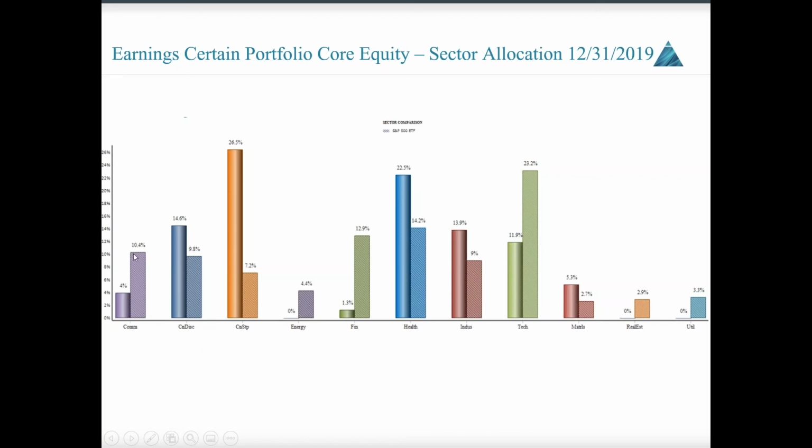So your 4% communications relative to 10% exposure on the S&P 500. I want everyone to pay attention to the sectors that are overweight on the earnings certain portfolio. Notice tech is an underweight, and it's still capable of outperforming the core S&P 500 with a massive underweight, literally a 50% underweight.